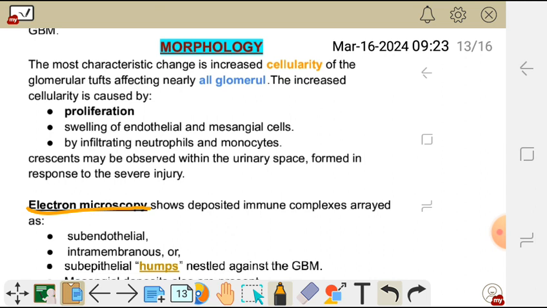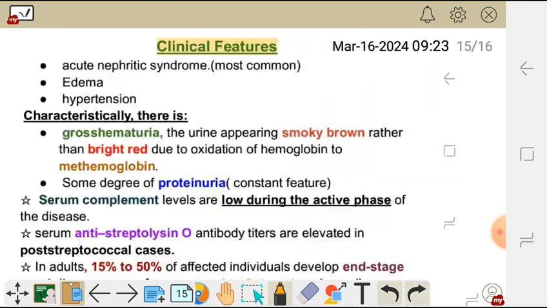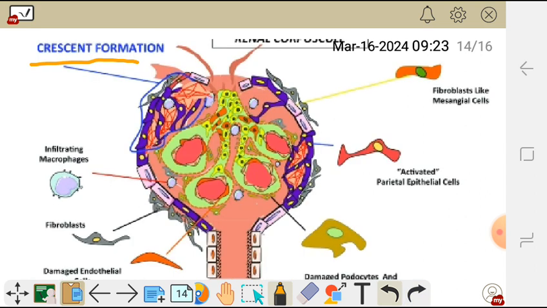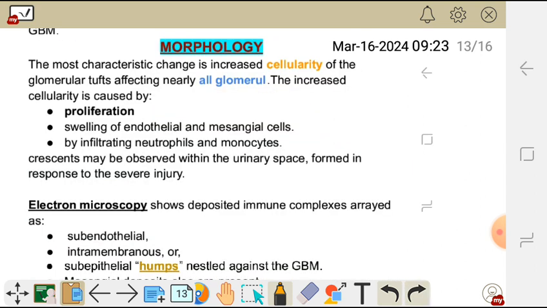Under an electron microscope, you are going to observe these other features here, which are the immune complexes being deposited in the subendothelial space, and we are also going to have them deposited in the intramembranous or in the subepithelial space, forming humps.